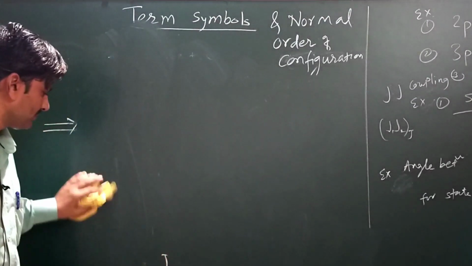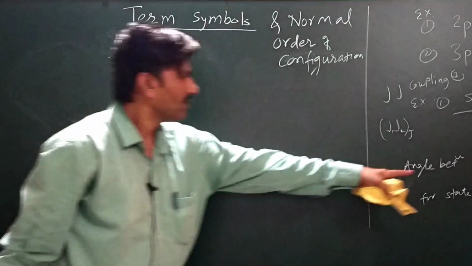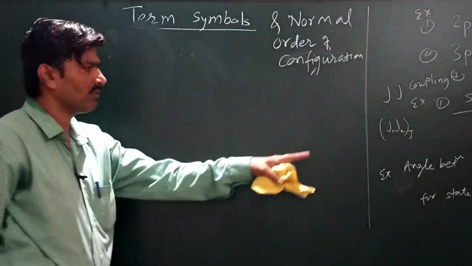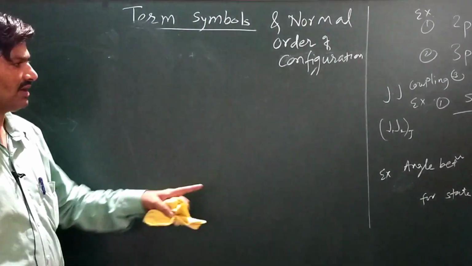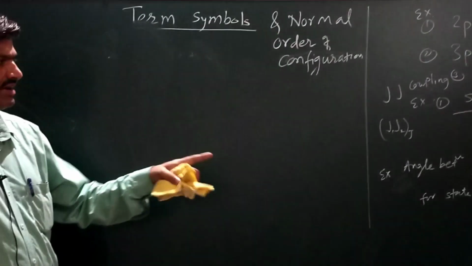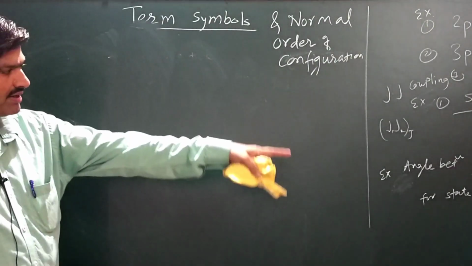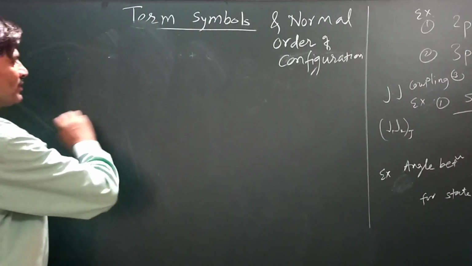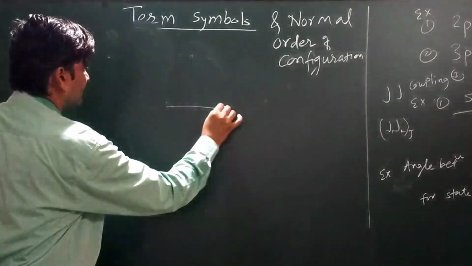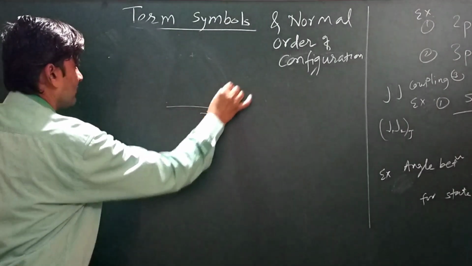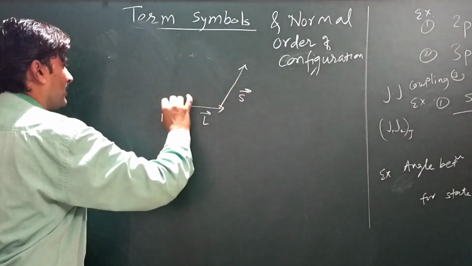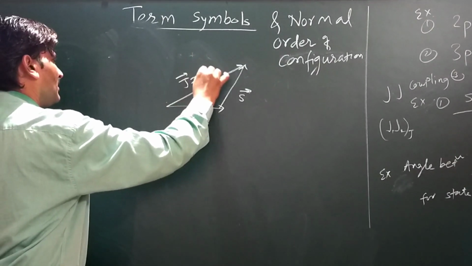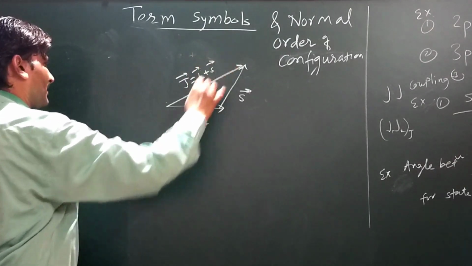Now another example, the angle between L, S and J. So how can we calculate the angle between L and S, L and J, and S for any states? For that we have to write the vector form. If it is the L vector, the S vector, and the third vector is J, then J is always L vector plus S vector.